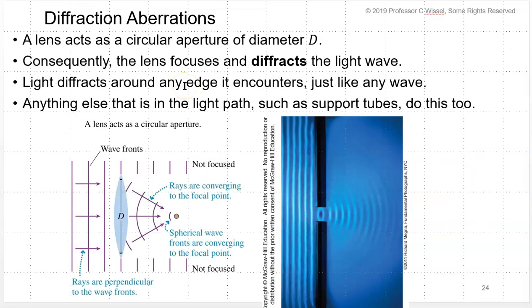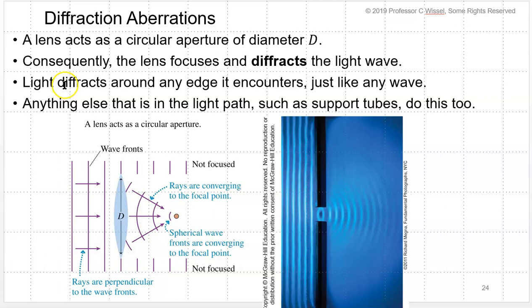All optical instruments, including your eyes, have diffraction aberration caused by the inherent wave nature of light and the fact that light, when it encounters an obstruction, bends around the obstruction. That's called diffraction. A lens acts as a circular aperture of diameter d. Consequently, the lens both focuses and diffracts the light wave.